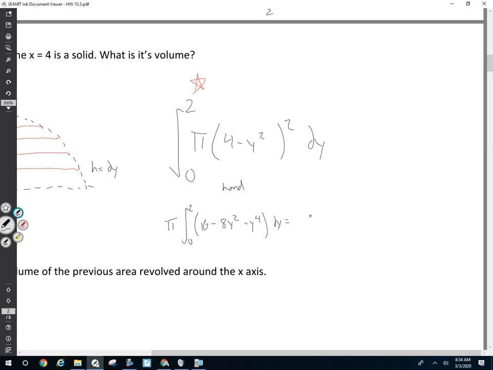You'll have to take the antiderivative, plug in 0 and 2. I'm not going to spend time doing that, or you can just type this into your calculator.